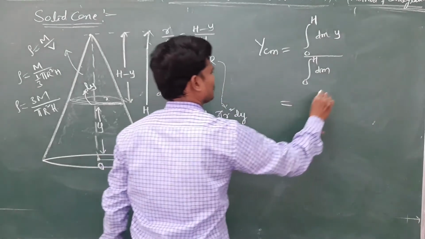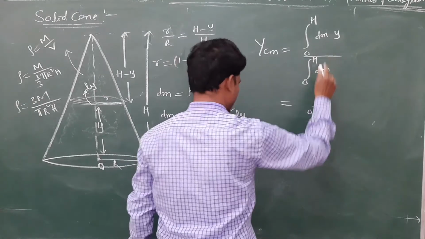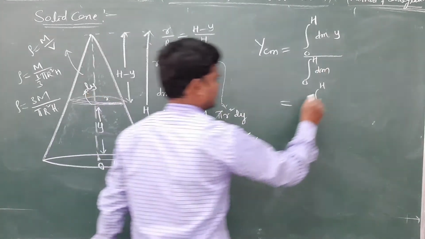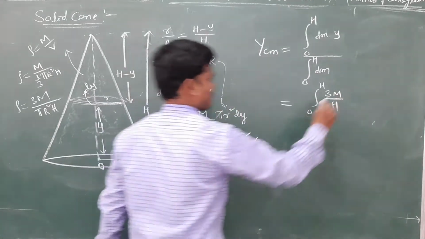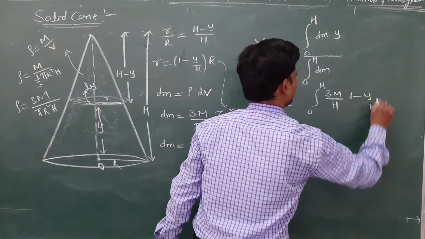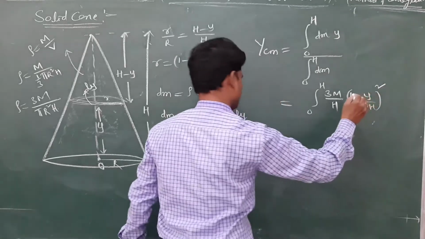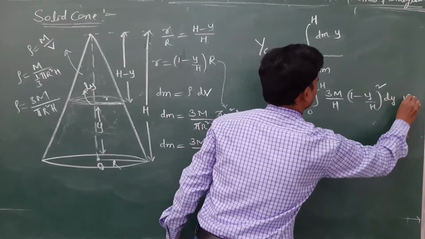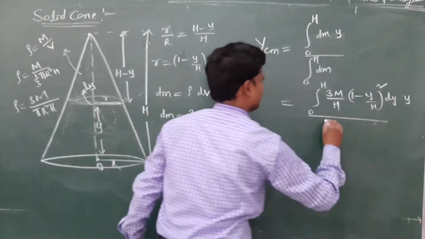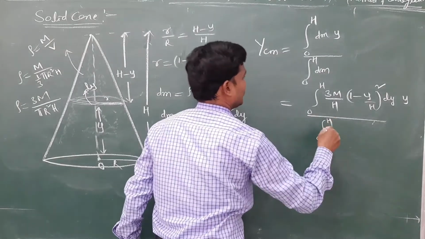Just now I got dm as 3m by h, 1 minus y by h whole square dy, multiplied by this y, and here 0 to h.